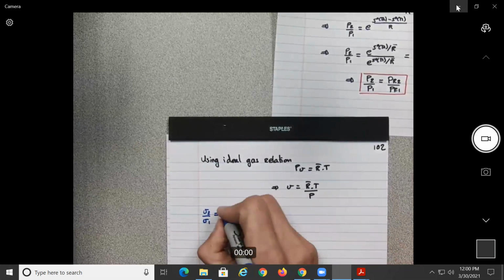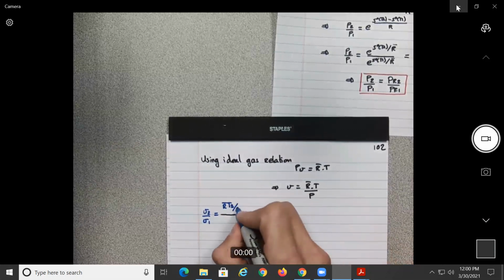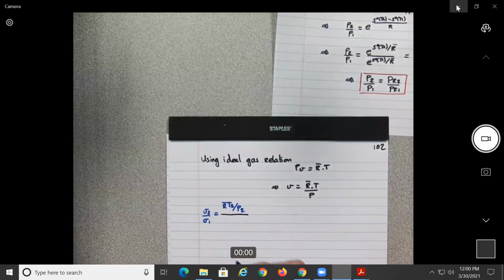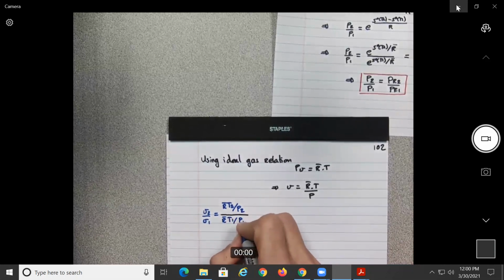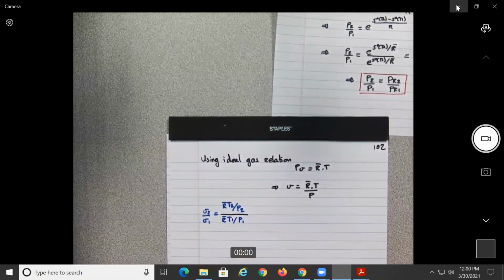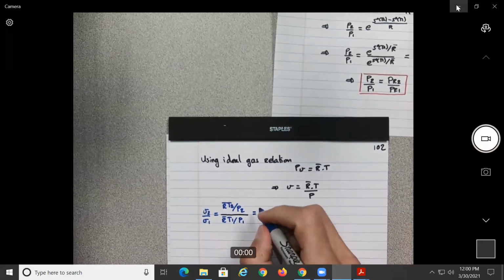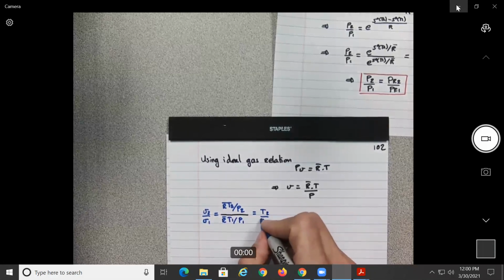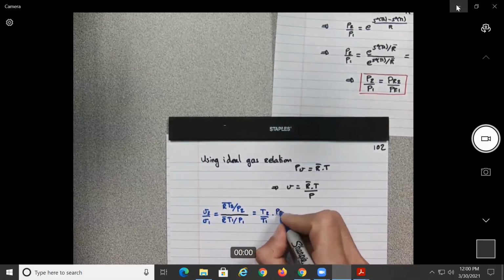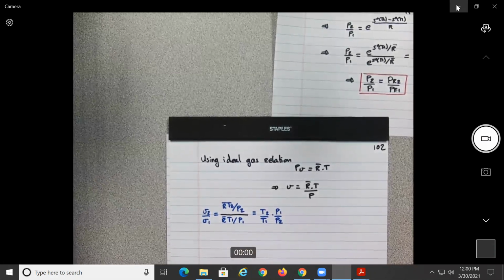R bar T2 divided by P2, and here we have R bar T1 divided by P1. So this will give you T2 over T1 times P1 over P2.